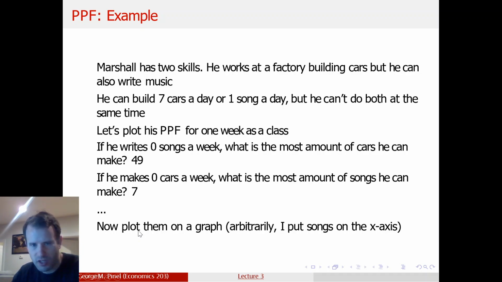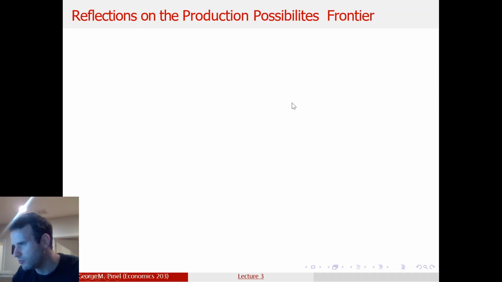In the class, when I give you homework, it'll specify which I want you to have on the X and the Y, for my sake, not for the sake of economics, so that everything's uniform when I go to grade it, and I don't have to figure out whether this point is supposed to be here or there. Okay.